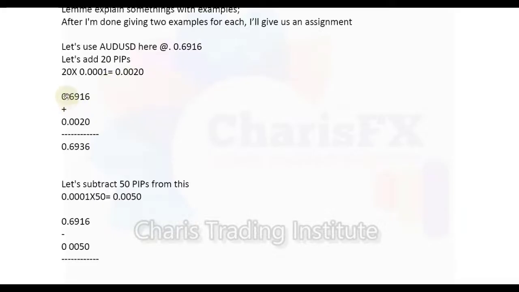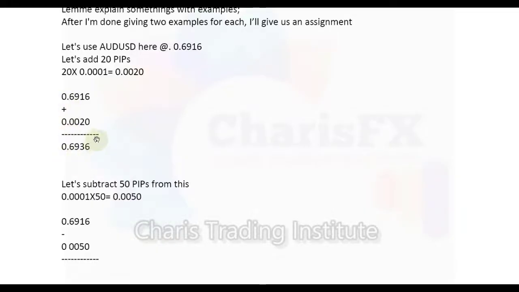So this is how to do it. 0.6916 plus, you know how to do it, simple arithmetic, 0.0020. So you add 6 to 0 is 6, 1 to 2 is 3, 9 to 0 is 9, 6 to 0 is 6. Addition, 0 to 0 is 0.